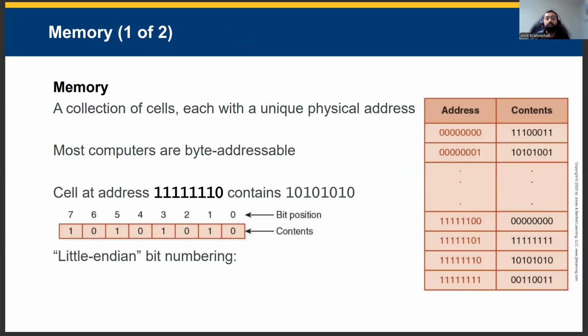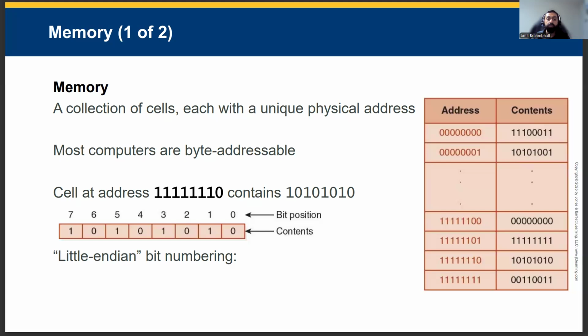Memory. Picture memory as lots of tiny mailboxes or cells. Each mailbox has an address. Most computers are byte addressable, so each address points to 8 bits. Example, the cell at address 1111 1110 might contain 1010 1010 inside a byte.